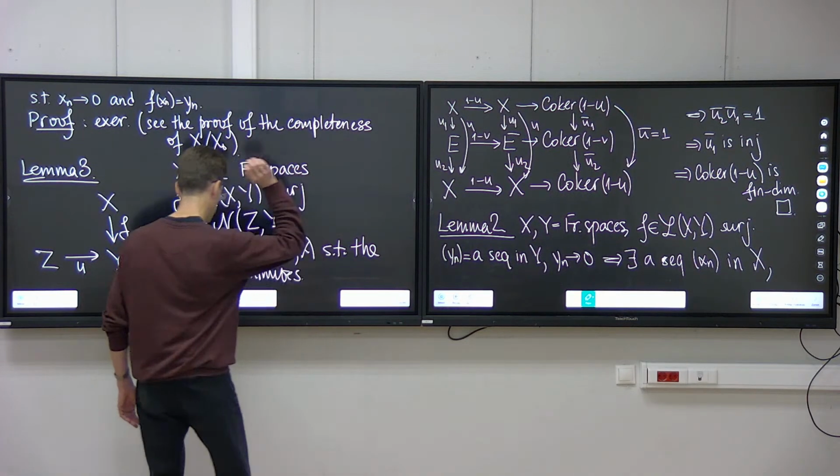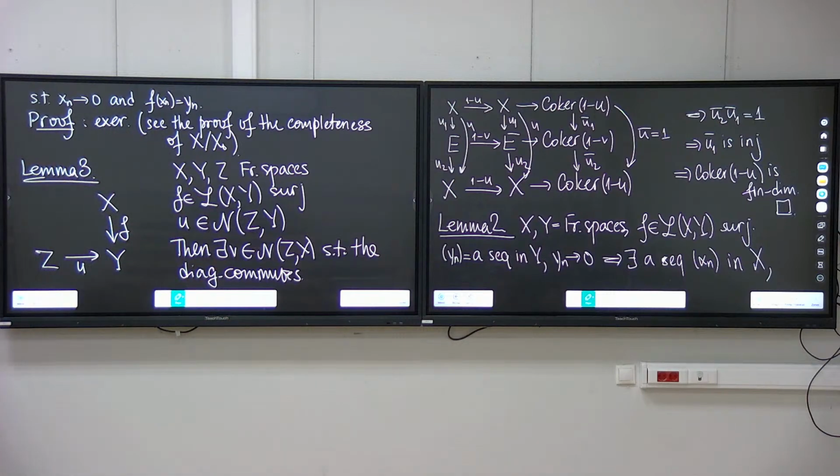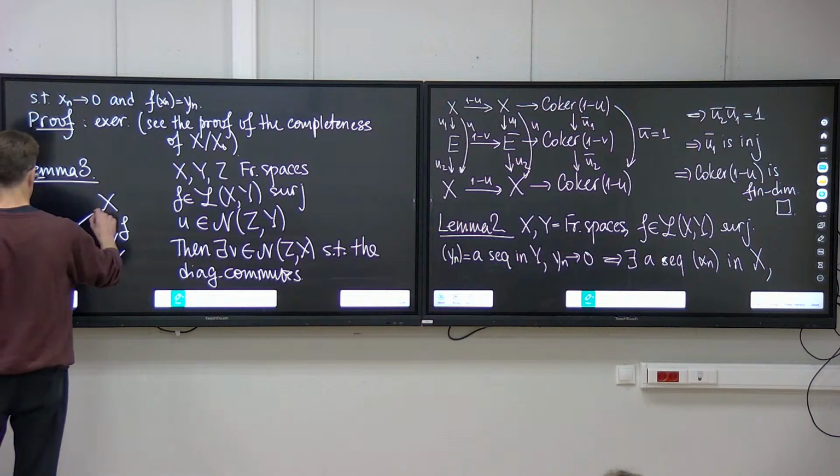Something like an algebraic projectivity condition, but not exactly, because we don't lift arbitrary maps, we lift only nuclear maps. So this is v.